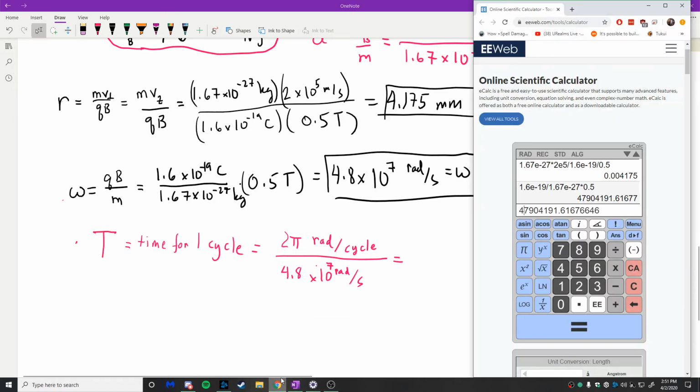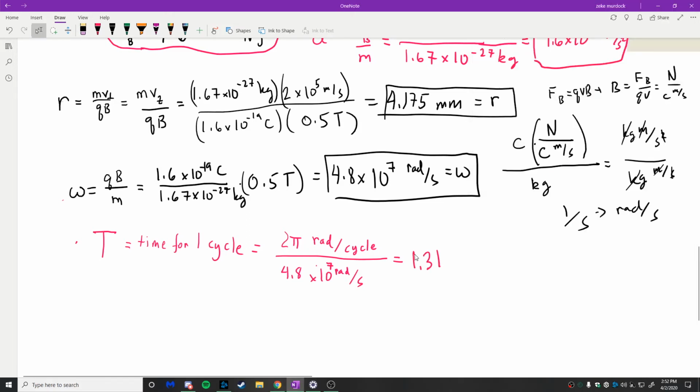Where's my calculator? So we end up getting 1.31 times 10 to the negative 7. This is part C, by the way. This was part B. Oh, there is no part C. This is still part B.